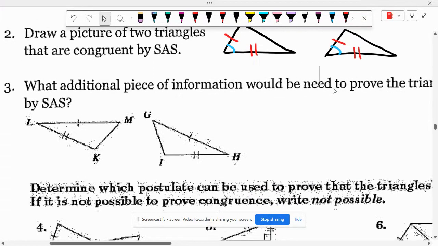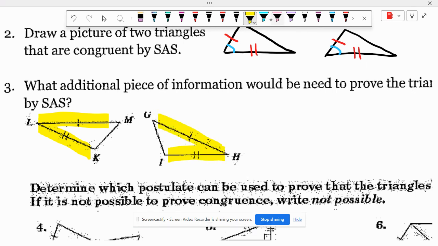What additional piece of information would be needed to prove that this triangle is congruent by side, angle, side? So what angle lies in between these two congruent sides right here? And what angle lies in between these two congruent sides? Those two lines form an angle.